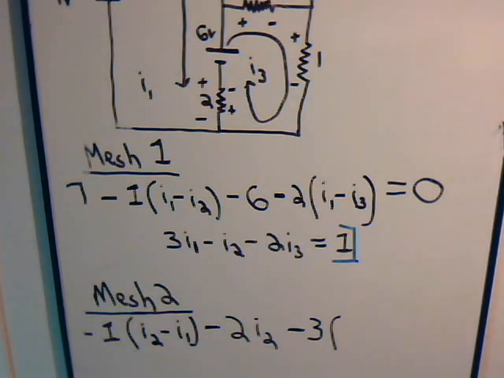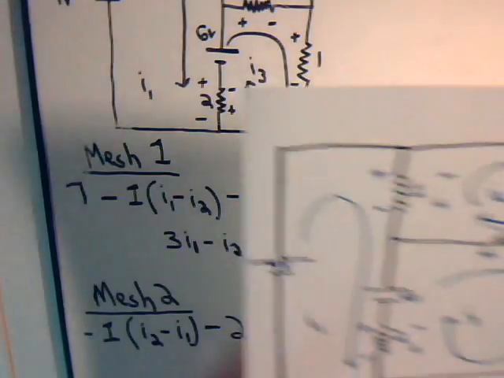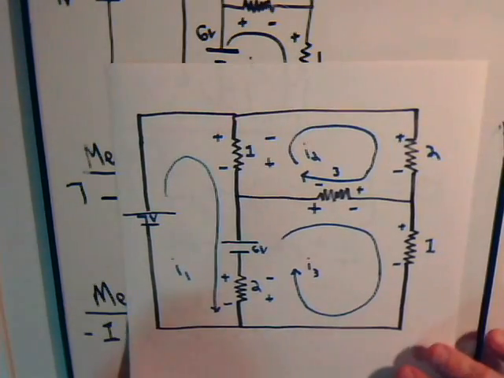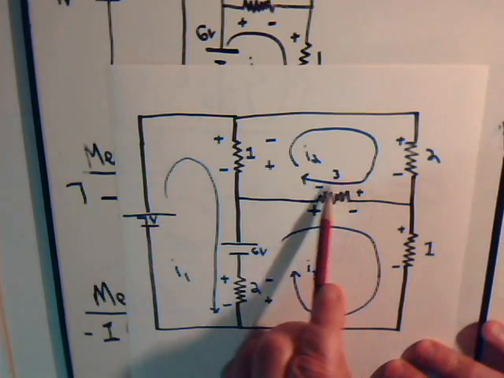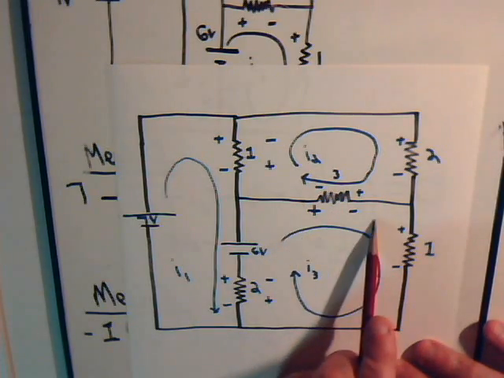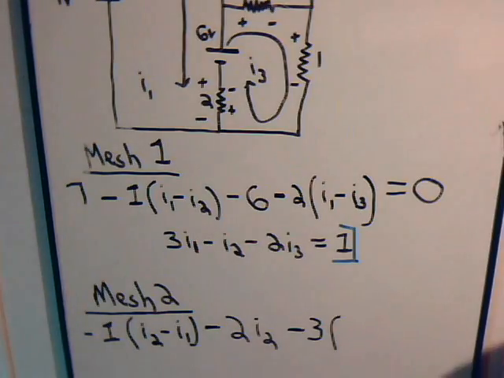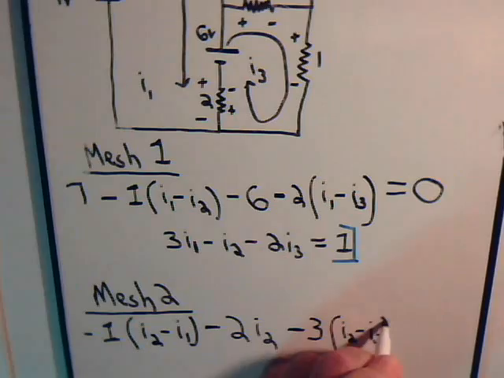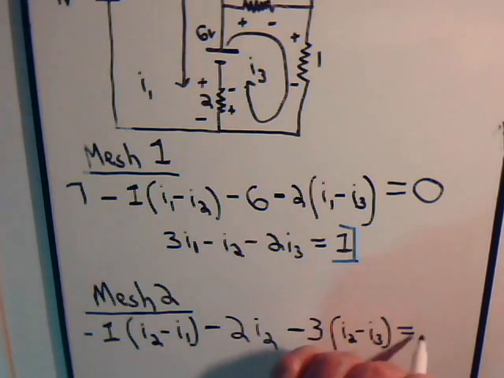Now here, in this case, we consider I2 minus I3. So we have I2 minus I3 equals 0.